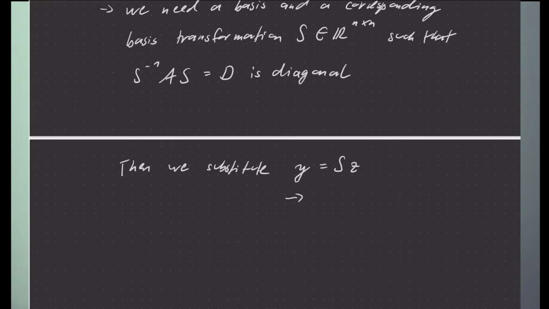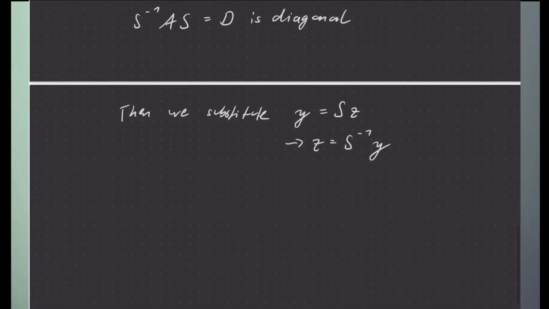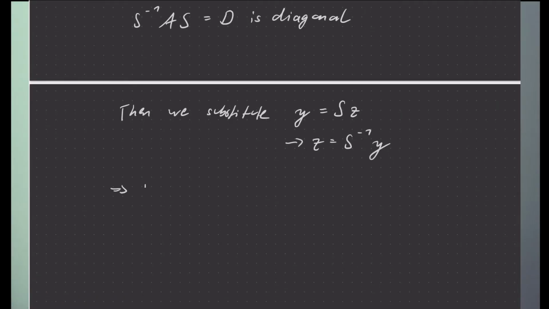And that means, conversely, c equals S to the minus 1 y. Remember, S is invertible, so we can actually do that. That means the differential equation system y prime equals A y.